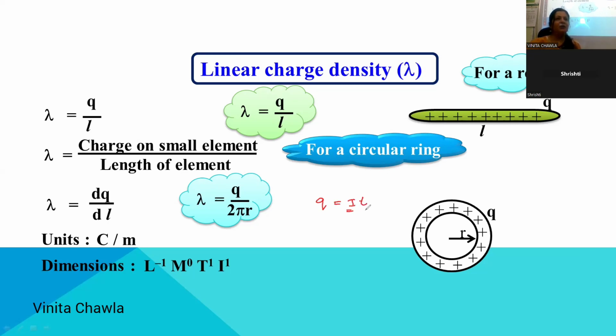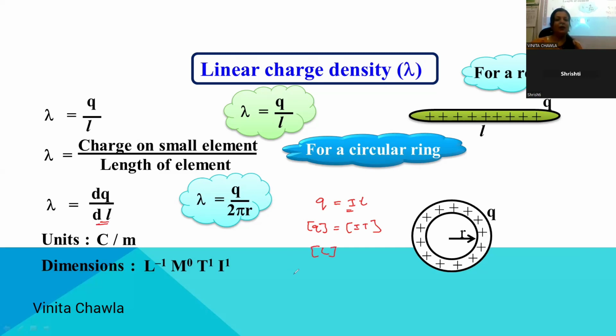Electric current is a fundamental quantity and time is also a fundamental quantity. So if we write the dimensions of charge, we will write I and capital T, right? And for length, the dimension of length is L.